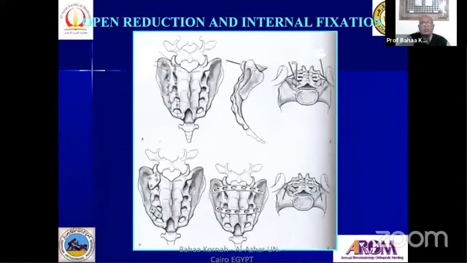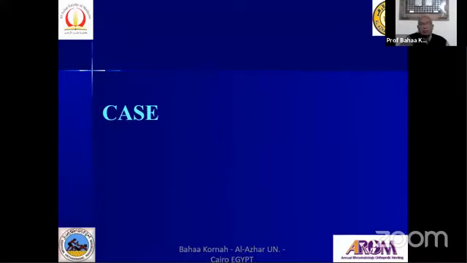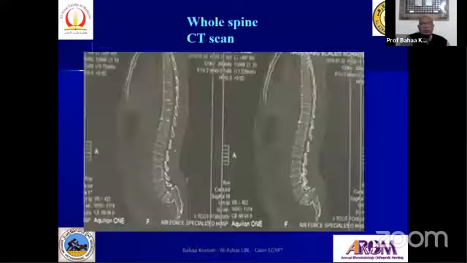This is open reduction and internal fixation of fractures of the sacrum. And this is one case from our department. This patient came to us after falling from height with paresthesia, and you can see from the X-ray that S1, S2 are completely disrupted and displaced.